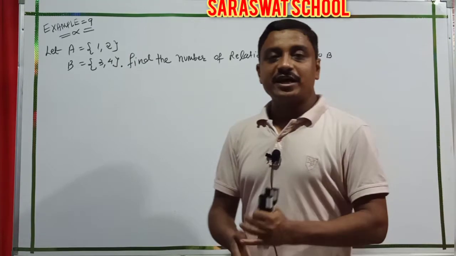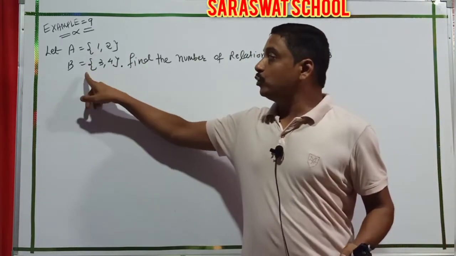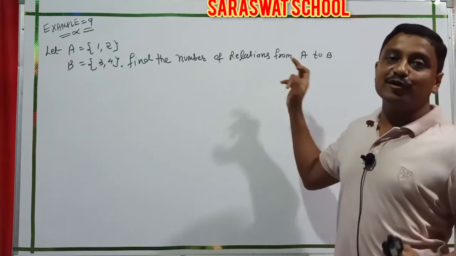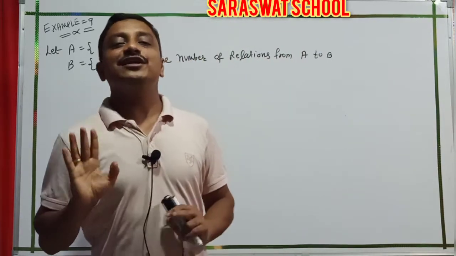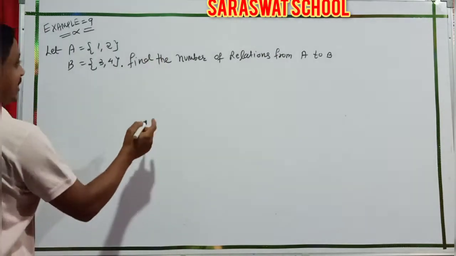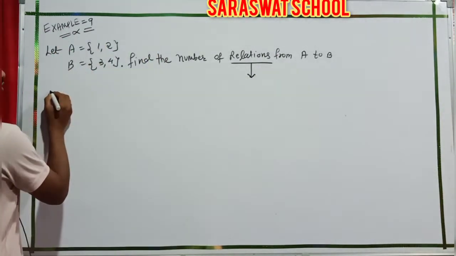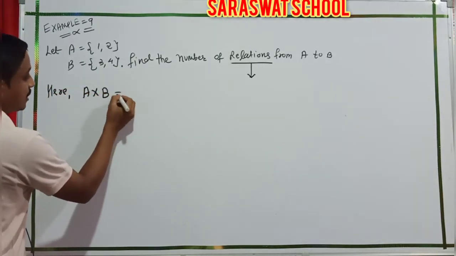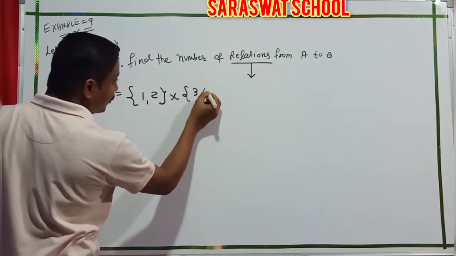Now students, I am slowly going ahead. Example 9. Let A = {1, 2} and B = {3, 4}. Find the number of relations from A to B. Students, if you want to find relations, first you must find A cross B. So first of all I find the A cross B elements: 1, 2 cross 3, 4.